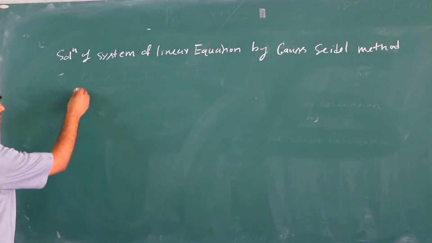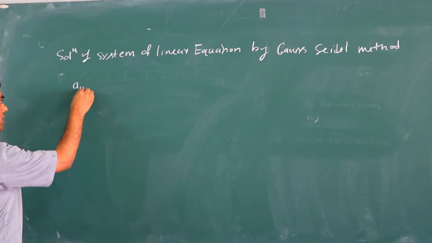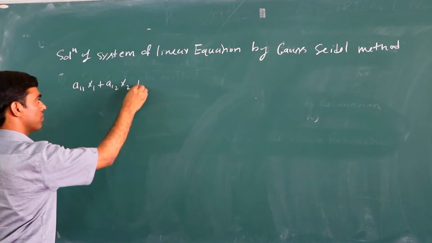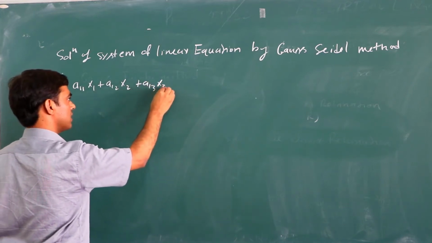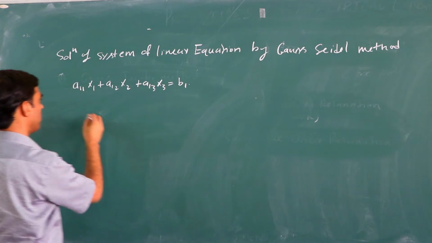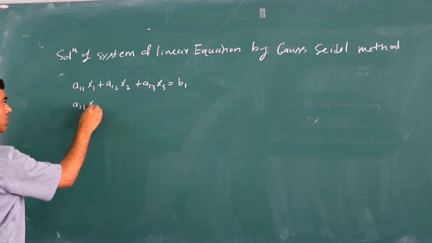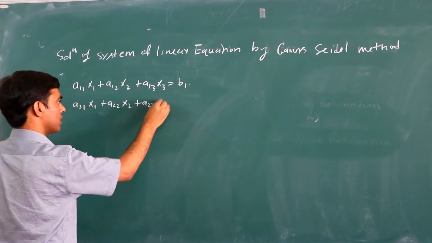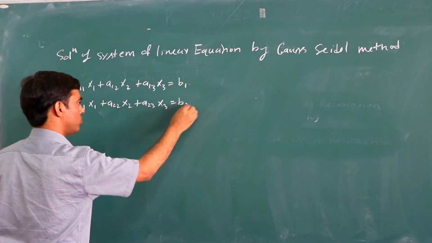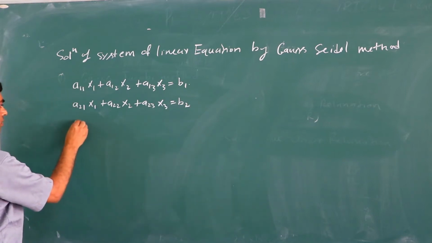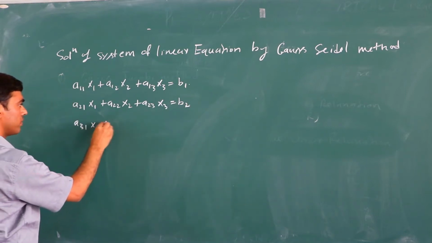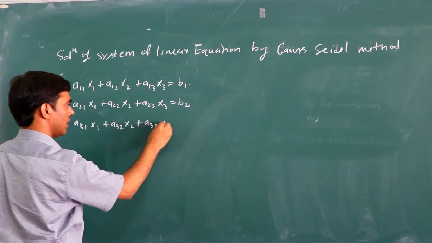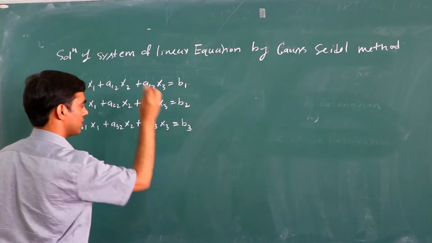For the sake of simplicity, here we consider three equations: a11 x1 plus a12 x2 plus a13 x3 equal v1, a21 x1 plus a22 x2 plus a23 x3 equal v2, and a31 x1 plus a32 x2 plus a33 x3 equal v3.